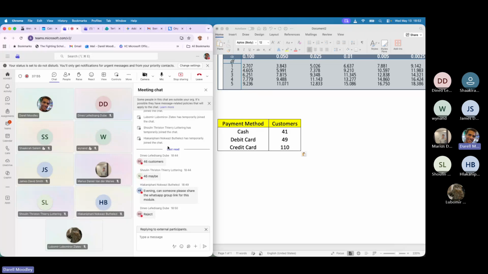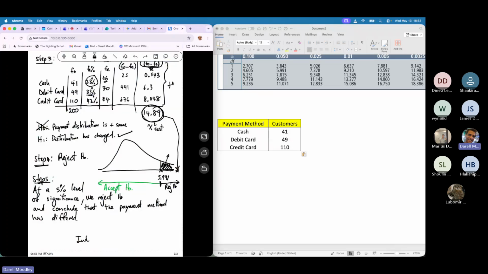All right, so remember, there are 3 tests for your chi-square distribution. There's the test of independence, and there's the test for equal proportions. Your test of independence is pretty much the same as your test for equal proportions.